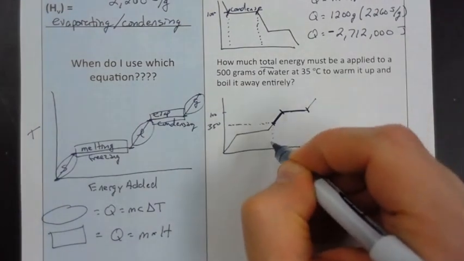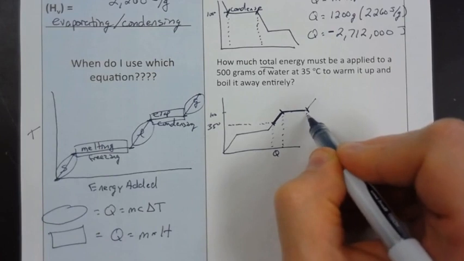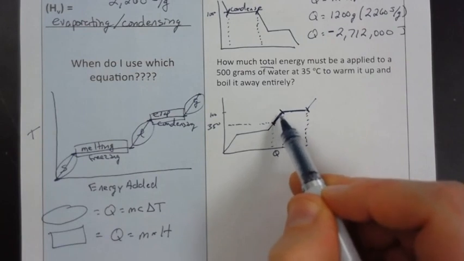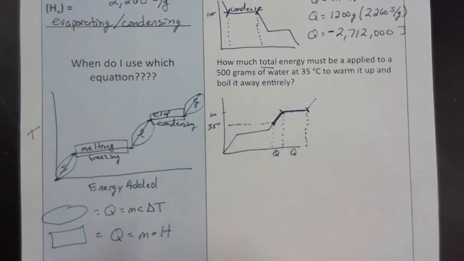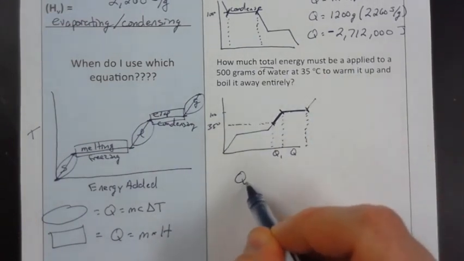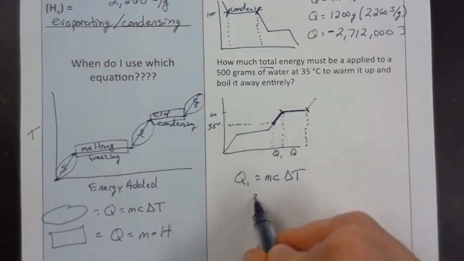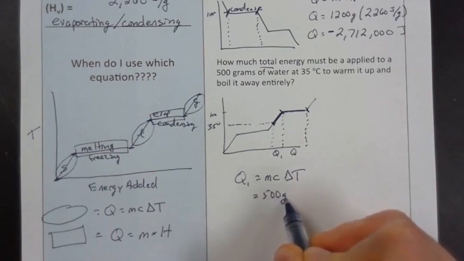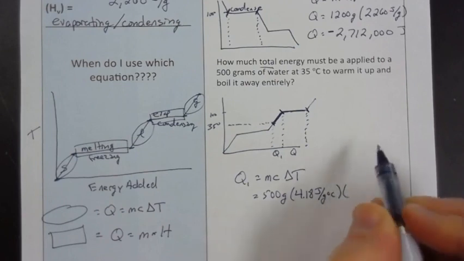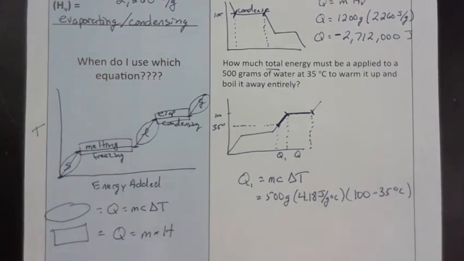So that means there's a certain Q value associated here, and there's another Q value associated there, and we have one equation when there's a temperature change and another equation when there is not. So we're going to start with this first equation here. We'll call it Q1. So Q1 is equal to mc delta T because of our temperature change, which means it's equal to the mass of our water times the specific heat of liquid water times the temperature change, which is 100 minus 35.